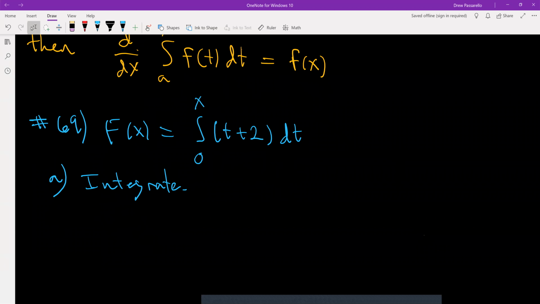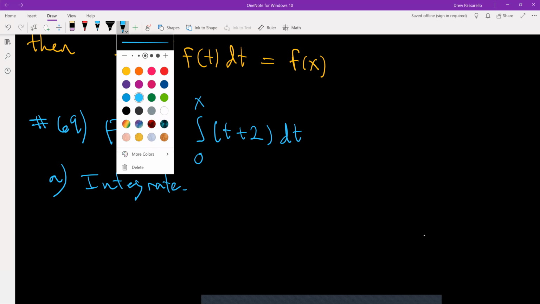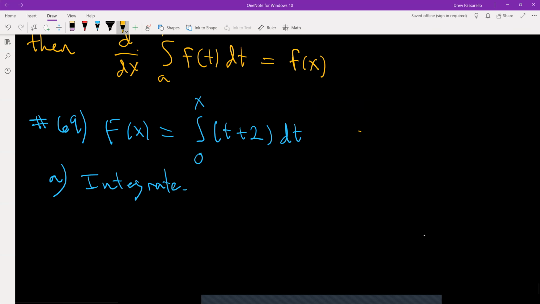Well, for integration rules, this integral is going to be equal to the integral of t plus the integral of 2. Integrating t, we use the power rule that we've been using in previous videos, where you add 1 to its exponent and then divide by that value.